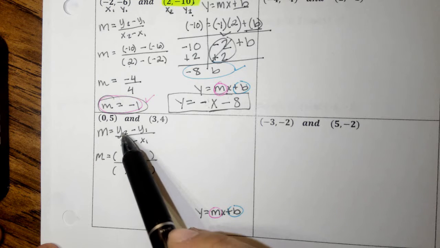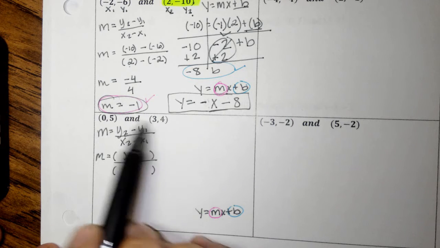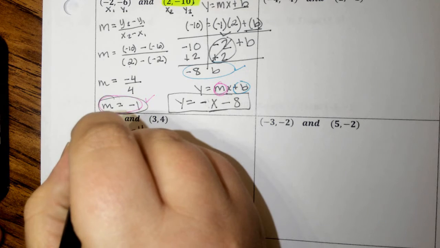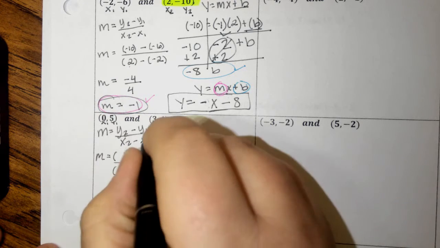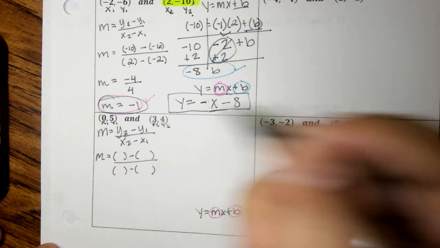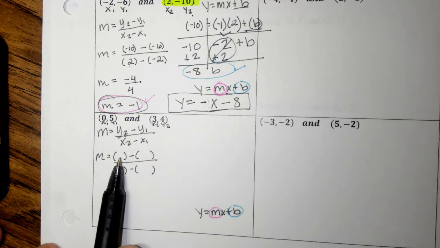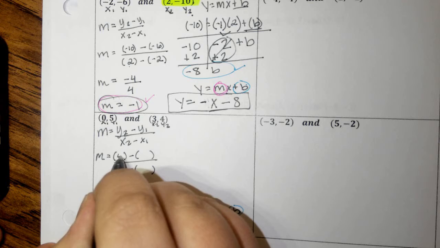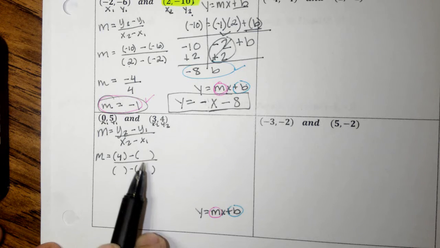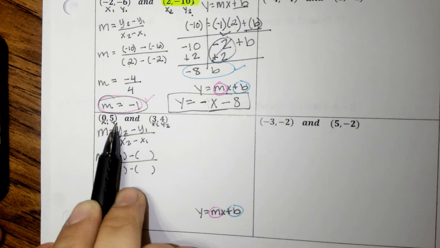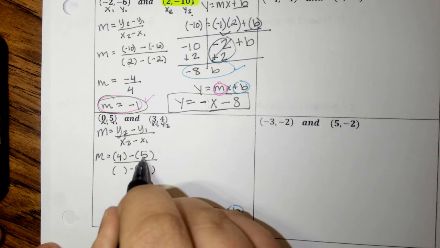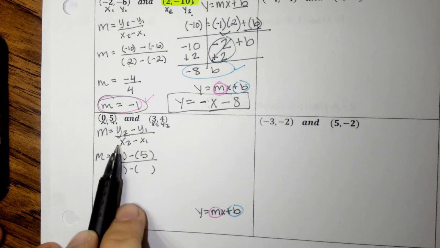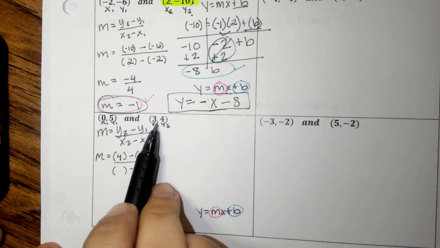This bubble's in place of y2, and again I forgot to label my ordered pairs, so I'll label that x1, y1, x2, y2. Let's try that again. This bubble is in place of y2, and y2 is 4. This bubble is in place of y1, and y1 is 5. This bubble is in place of x2, and x2 is 3.